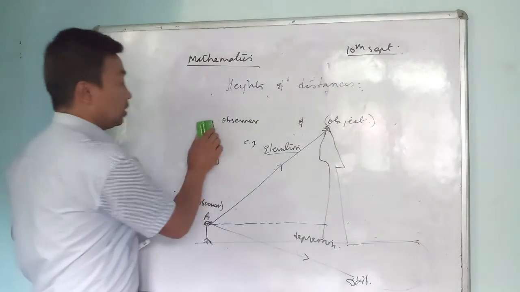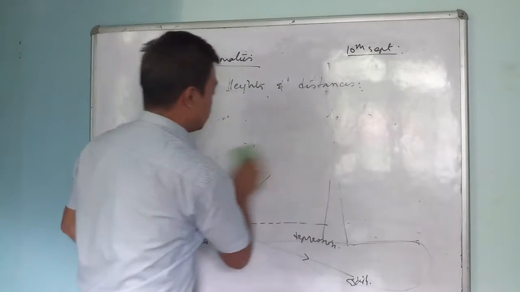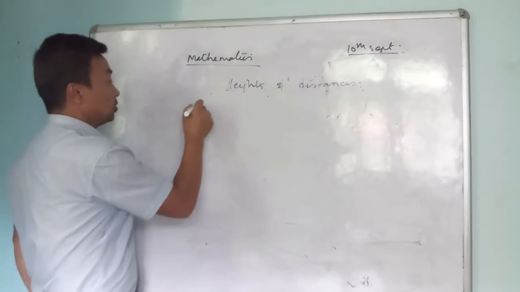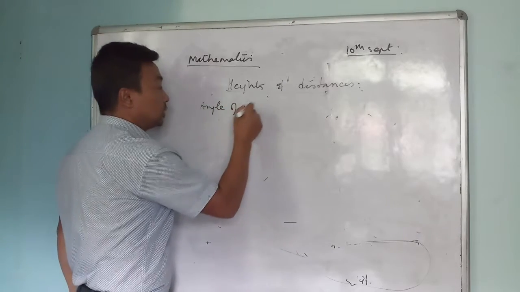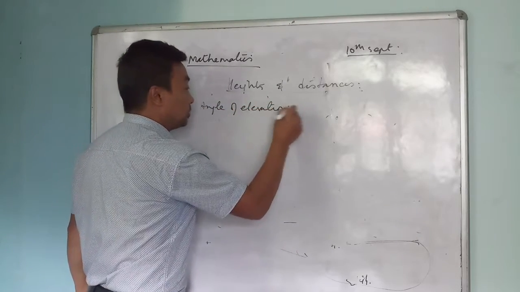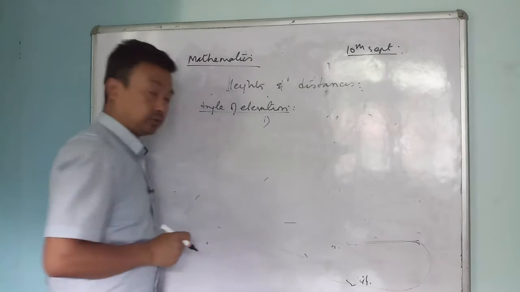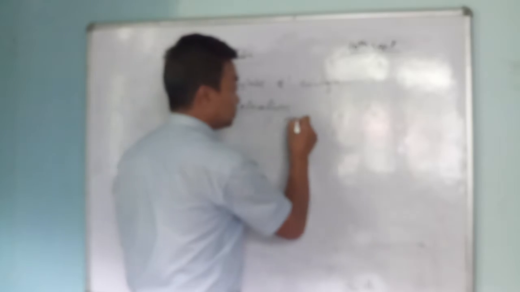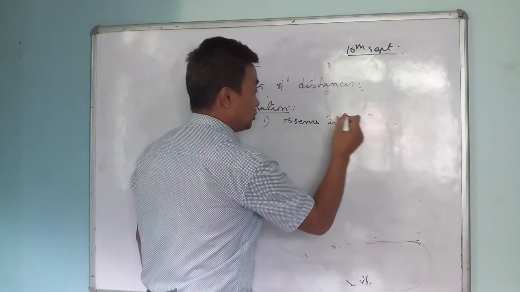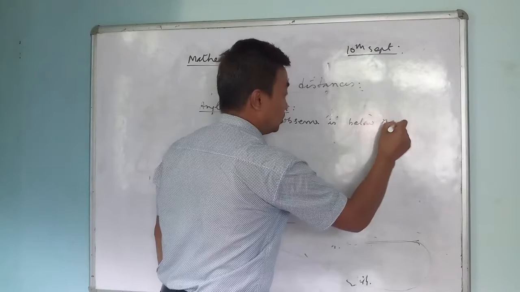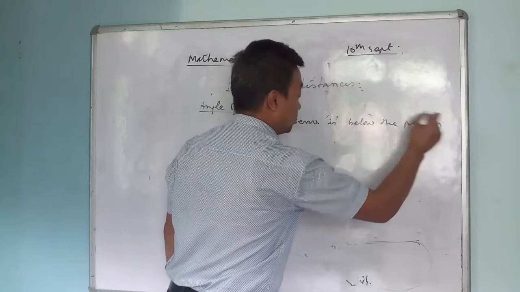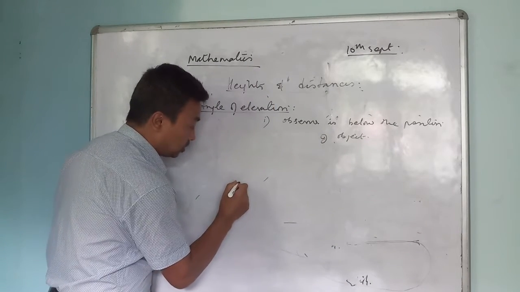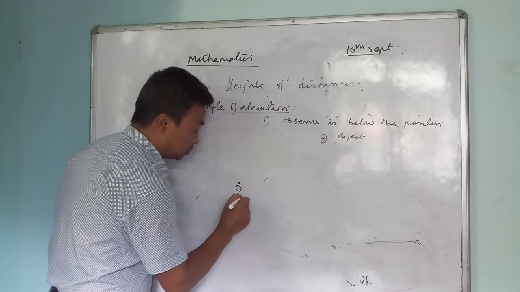First comes the angle of elevation. These two angles are very, very important. In the angle of elevation, the observer is always below the position of the object. For example, point O is the observer.